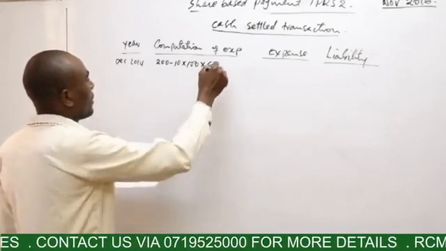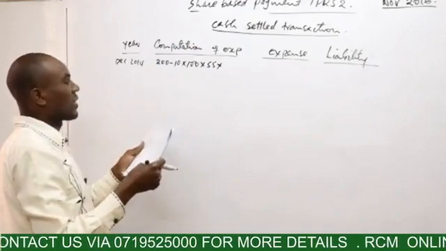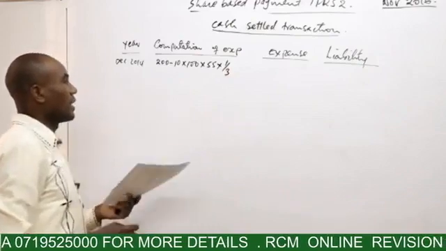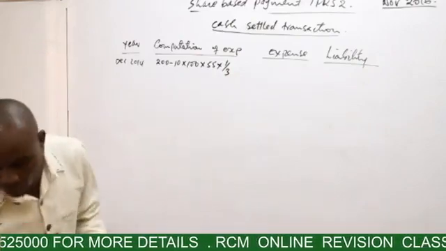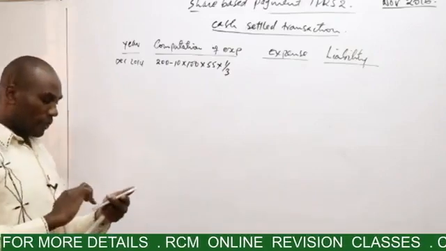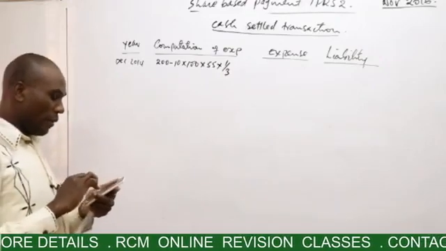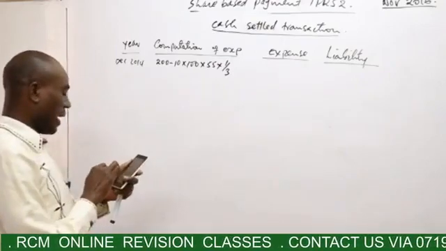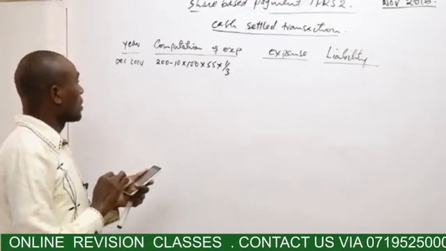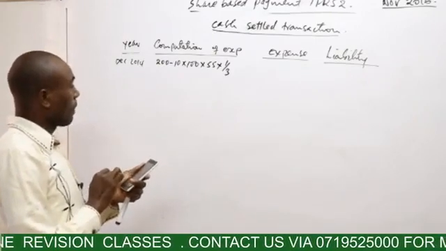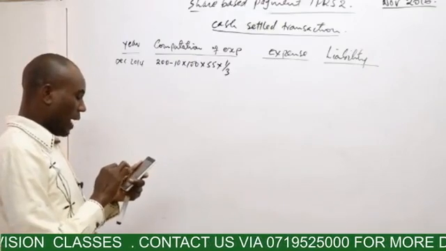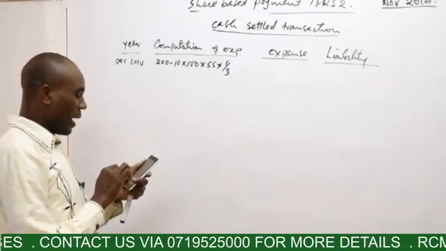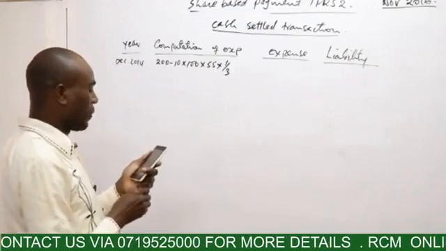Then times, remember, our vesting period is 3 years. Therefore, you take 1/3. Therefore, here, good friends, we shall have 190 times 100 times 55 times 1/3. I'm getting 348,333.